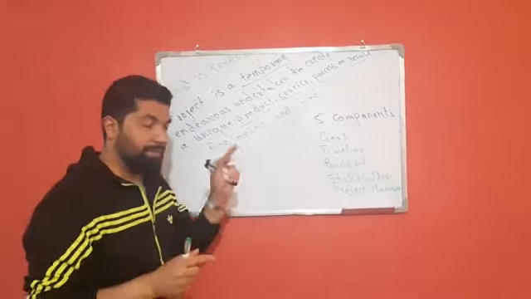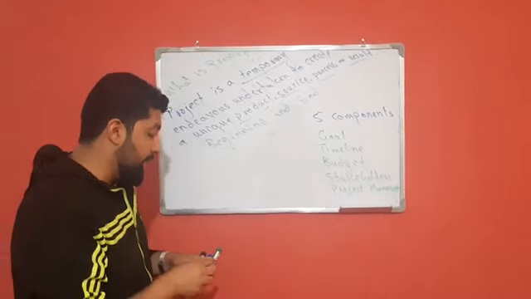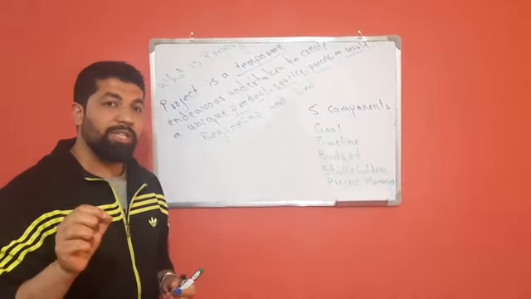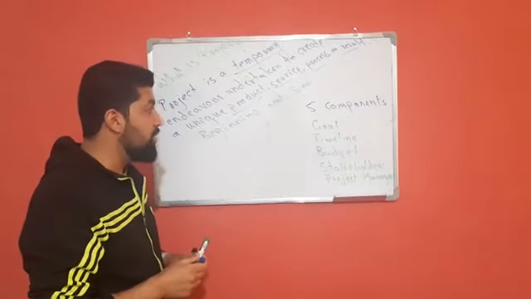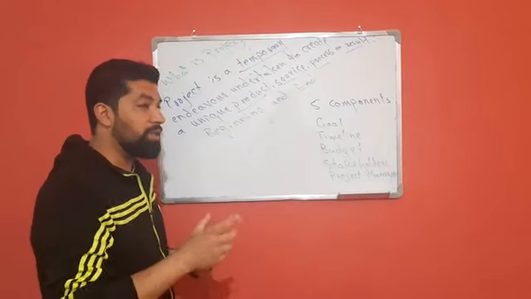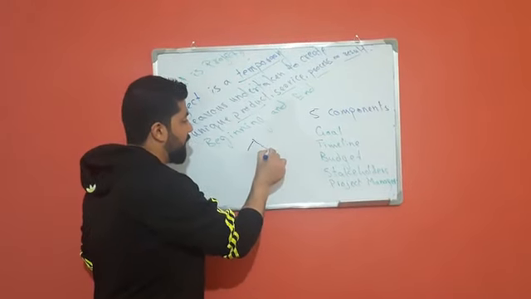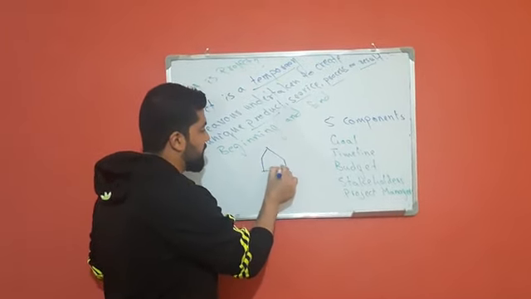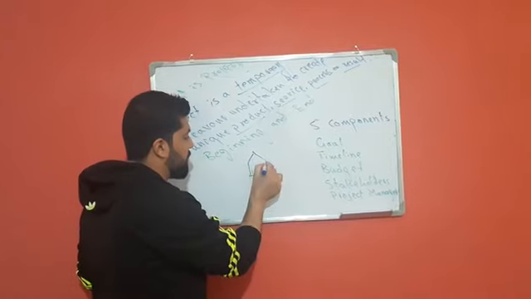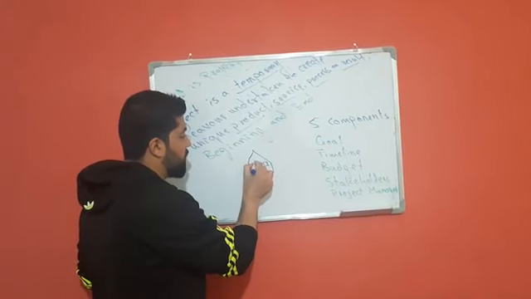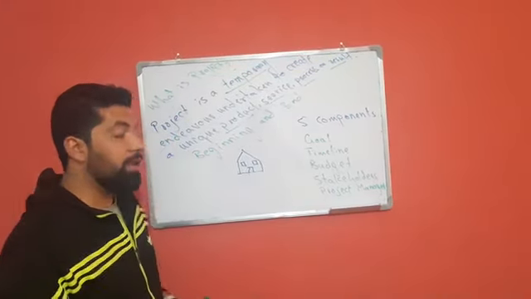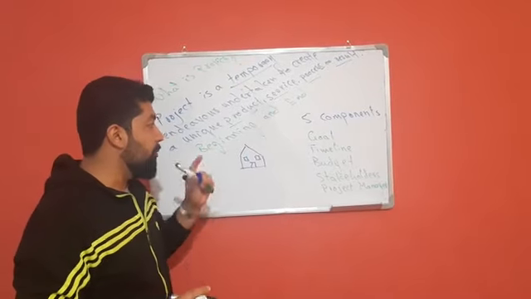For example, let me just tell you an example. There is an organization trying to construct a clinic in one of the districts in Kandahar city. Imagine this is the clinic. So this is the goal of the project. What is the second thing?